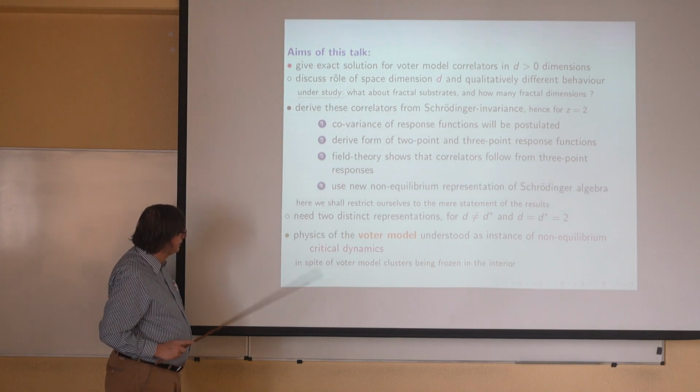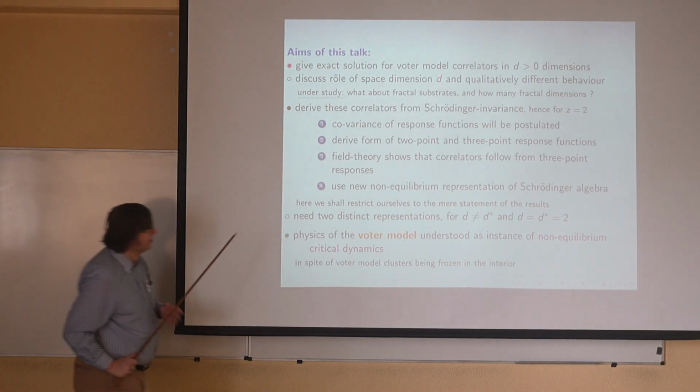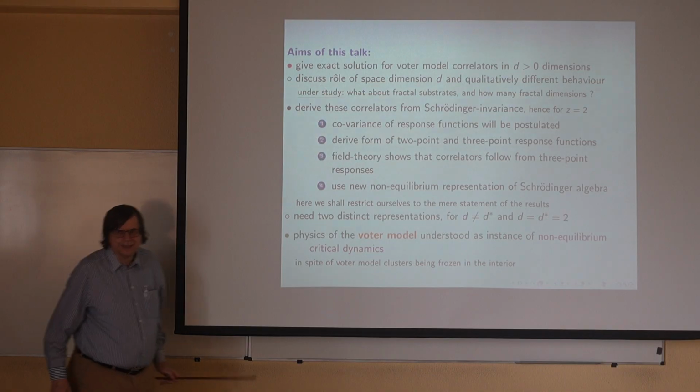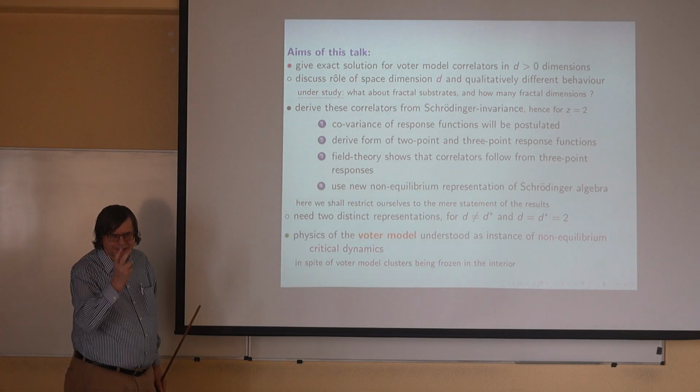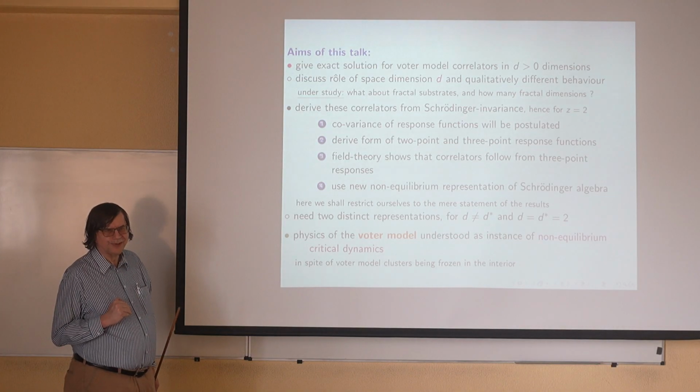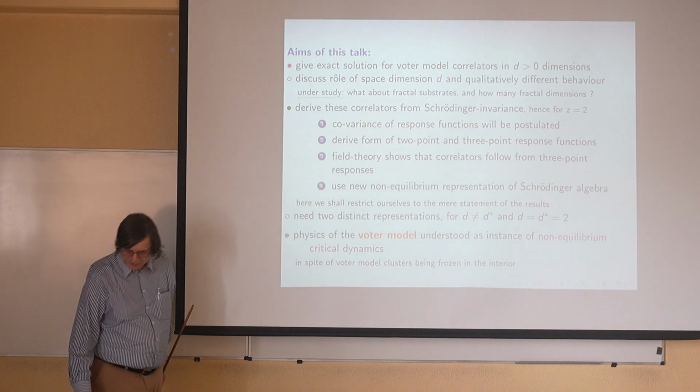Okay, that is important. So in particular, we can then understand that the Rotor model is not, in spite of the clusters inside always being frozen, at all a low temperature phenomenon, but it is rather critical.